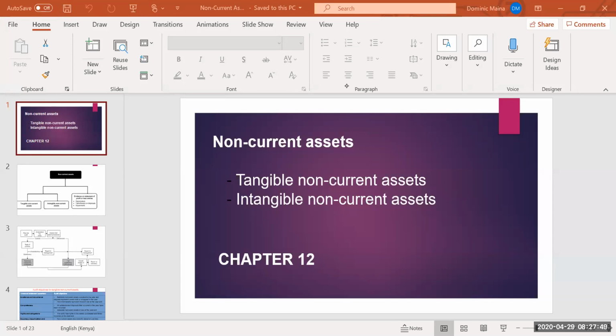So we were discussing how we audit the non-current assets, both tangible as well as intangibles.